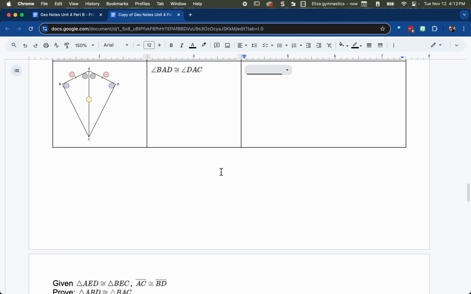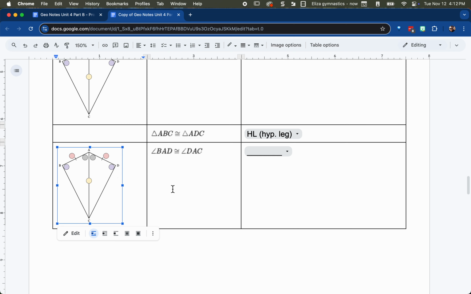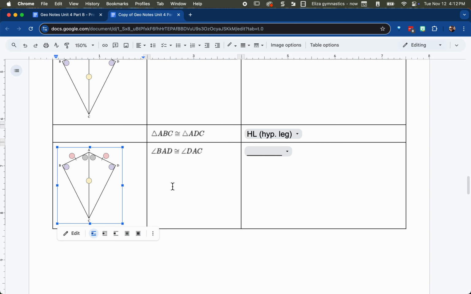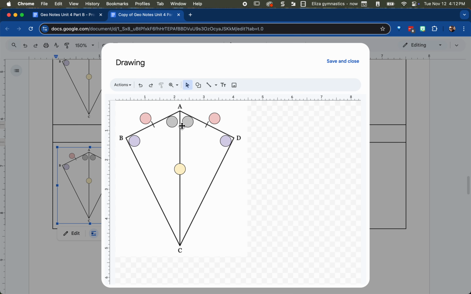Now this has one additional layer on here, and it's saying that these angles here, BAD and DAC, are equal to each other. So that would be those two gray angles right there.